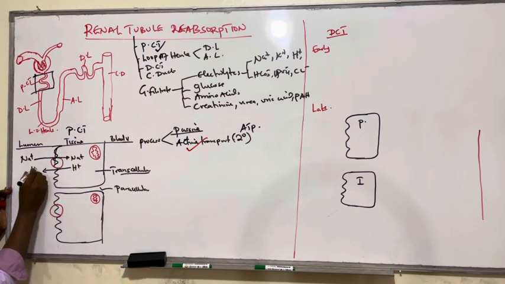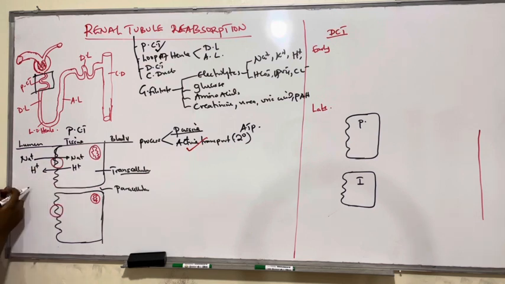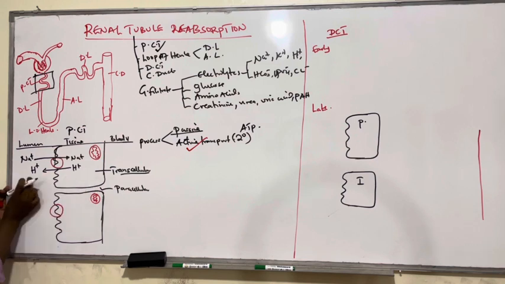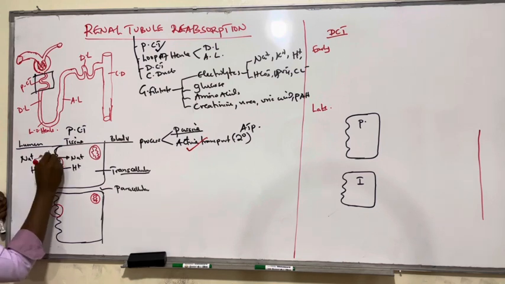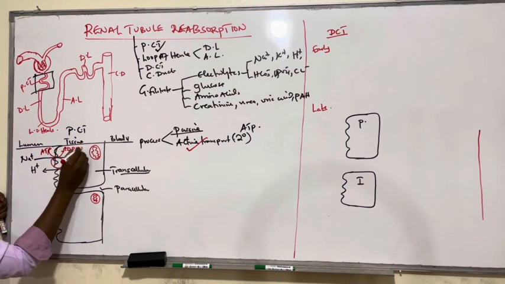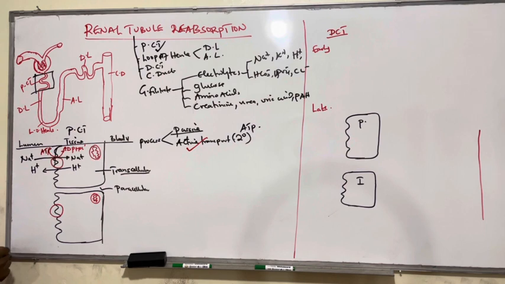As hydrogen is excreted from the tubular cell into the lumen, sodium is reabsorbed. This occurs in the presence of ATP, whereby ATP is hydrolyzed to ADP plus inorganic phosphate. That's why we call it active transport.